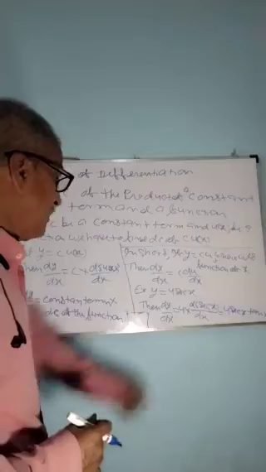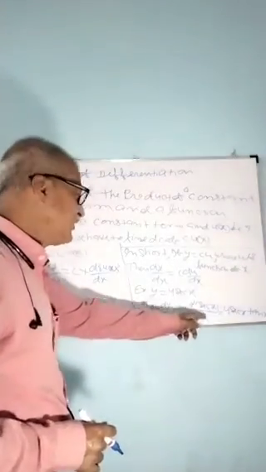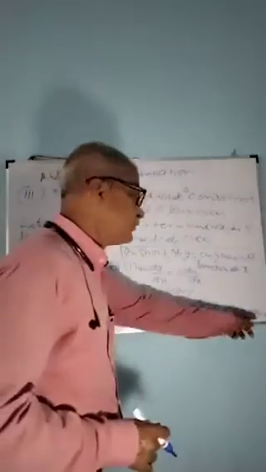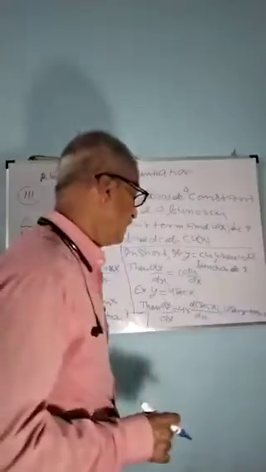As we know from the list of DC of standard functions, d sec x by dx, DC of sec x is equal to sec x into tan x. So here dy by dx is equal to 4 sec x into tan x. You note it in your notebook.